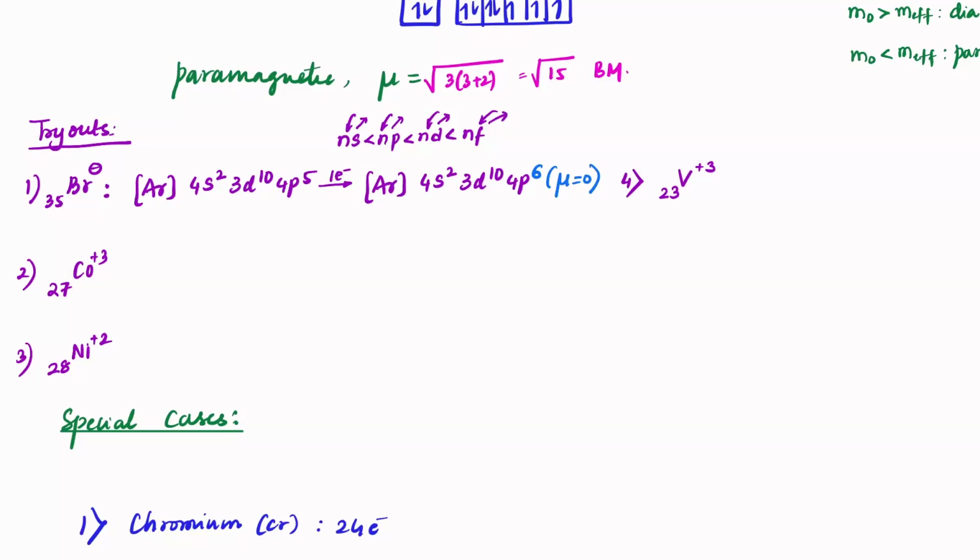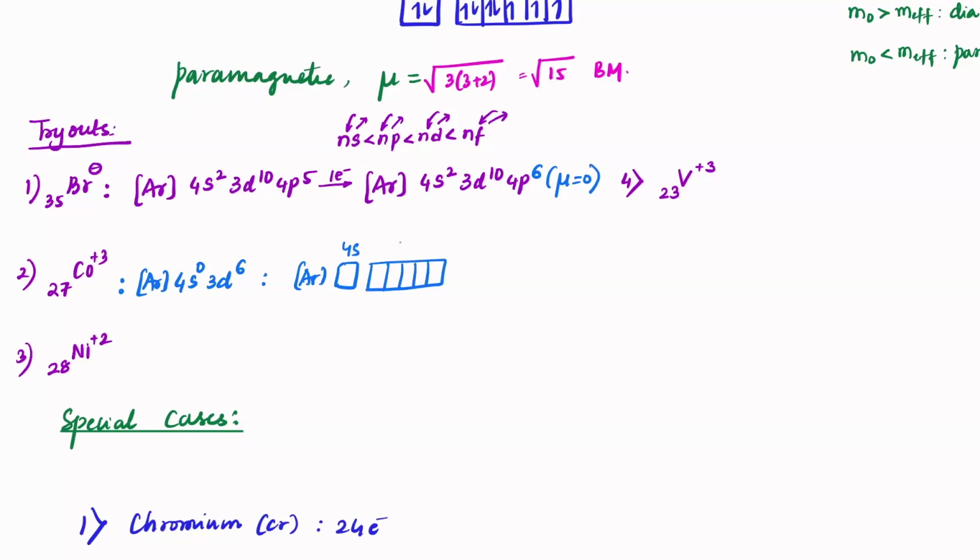Okay. And cobalt plus 3. Cobalt plus 3, it is argon 4s2 and 3d7. This is the original configuration. I have to remove 3 of them. So first we'll remove two from 4s, then one from d. So that makes it 4s0 and 3d6. Now if I write the box form here, argon 4s0, and then we have 3d.